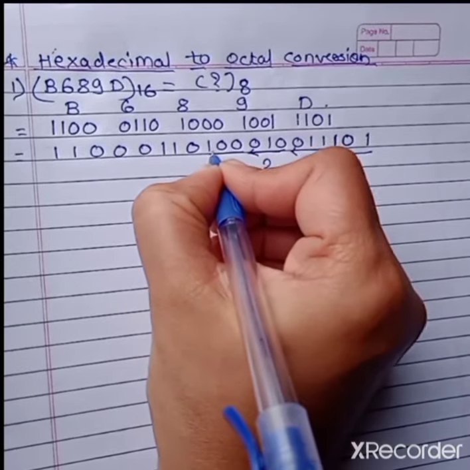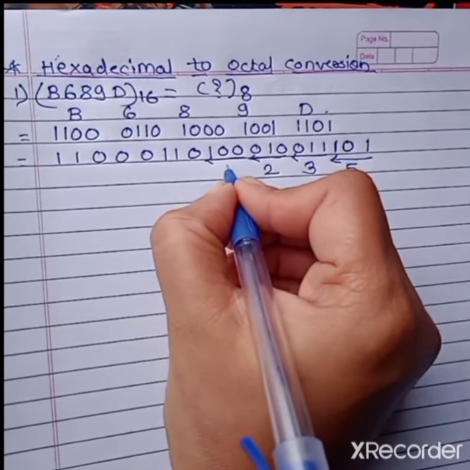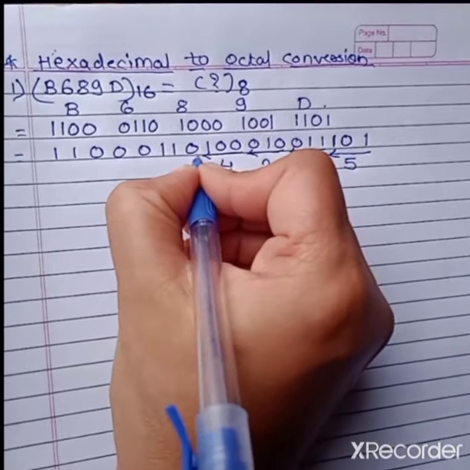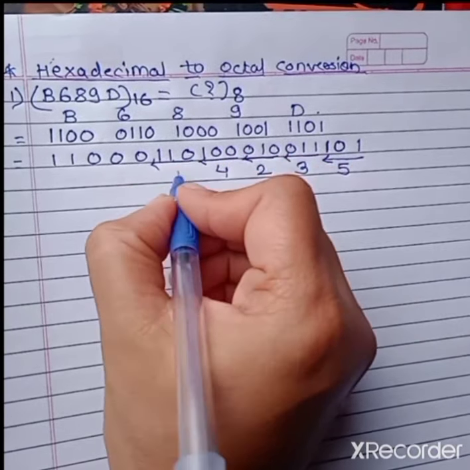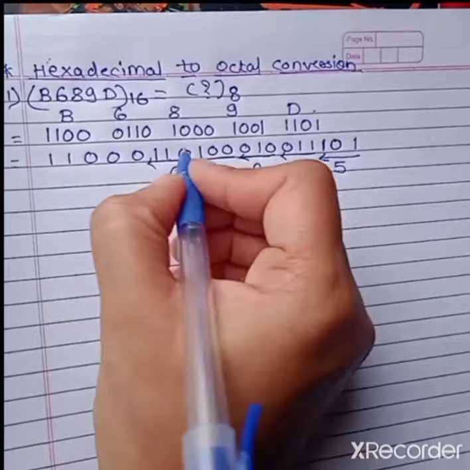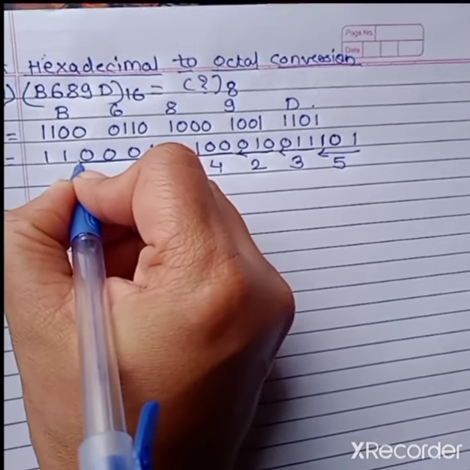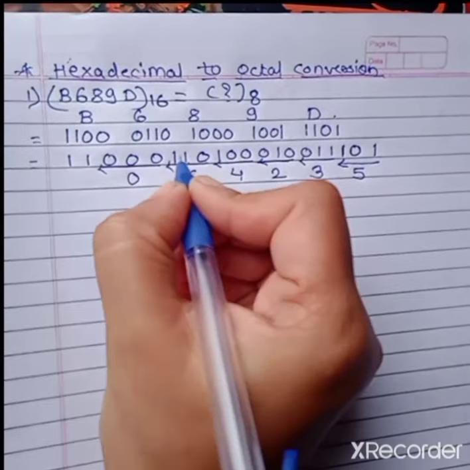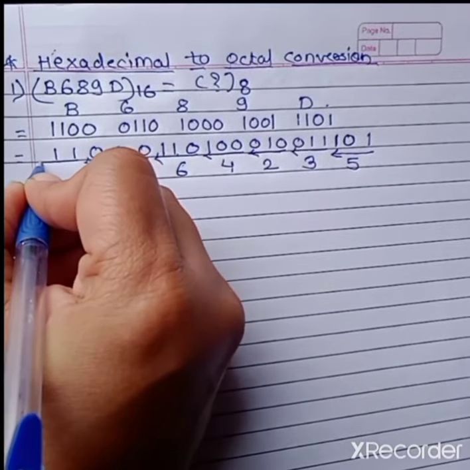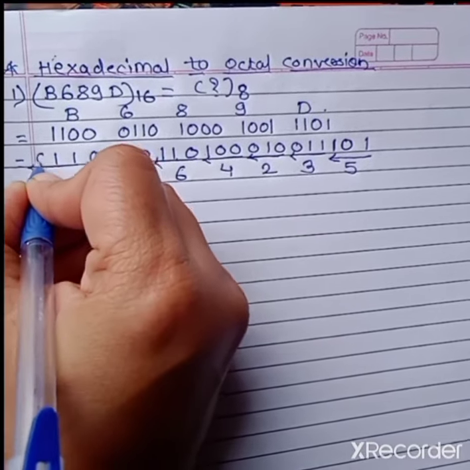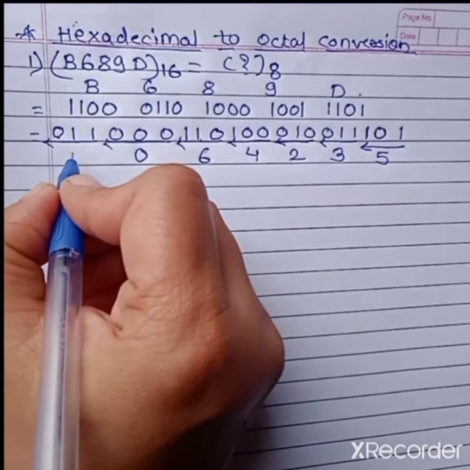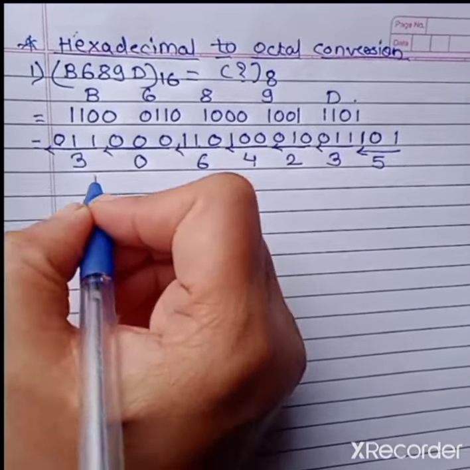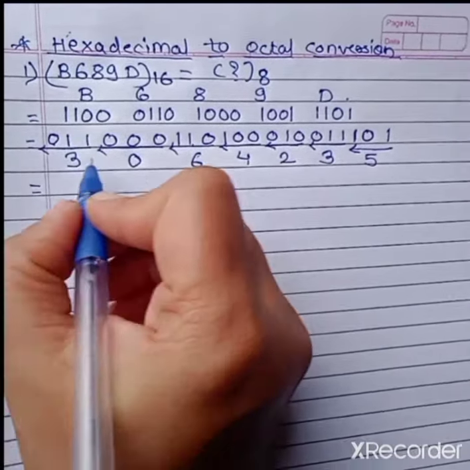Then 100, this is 4. Then 110, it is 6. Then 000, it is 0. And here the group is incomplete, so add 0 here. So 011 is 3.